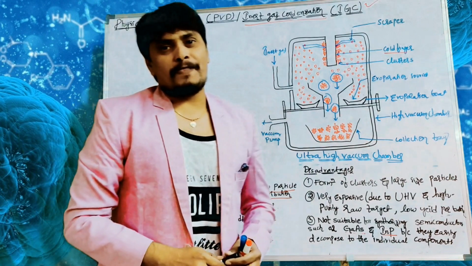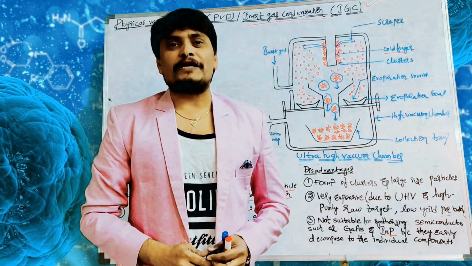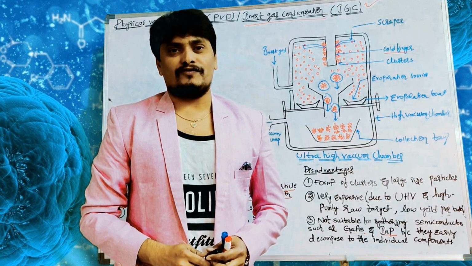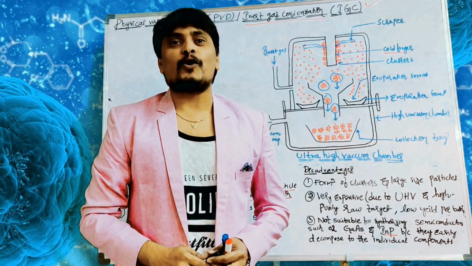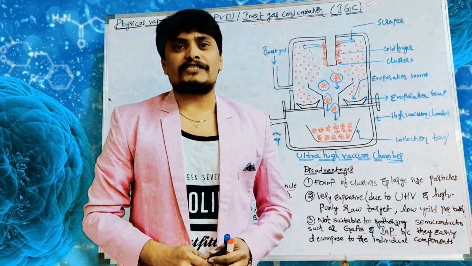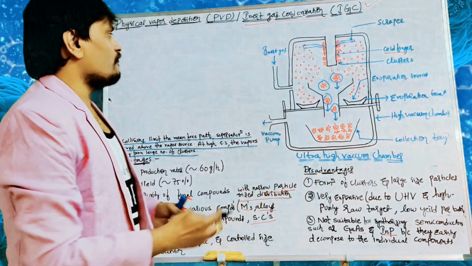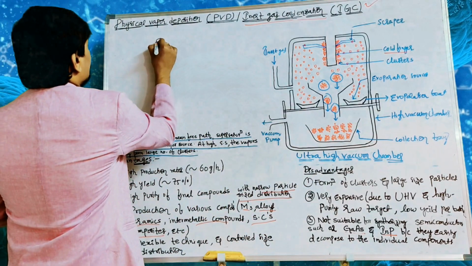Now let us see what exactly PVD involves. This physical vapor deposition method involves the transferring of growth species from a target and depositing them on the substrate.